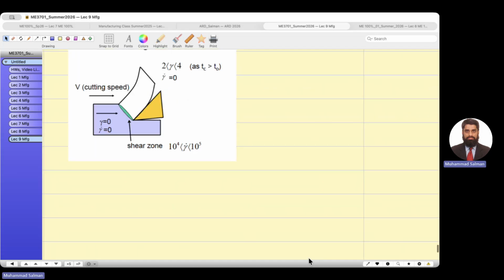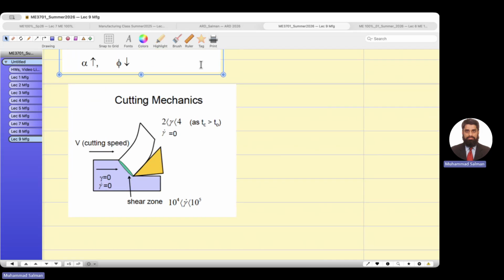As the cut chip thickness is greater than the uncut chip thickness, usually the shear strain is in the magnitude of 2 to 4.